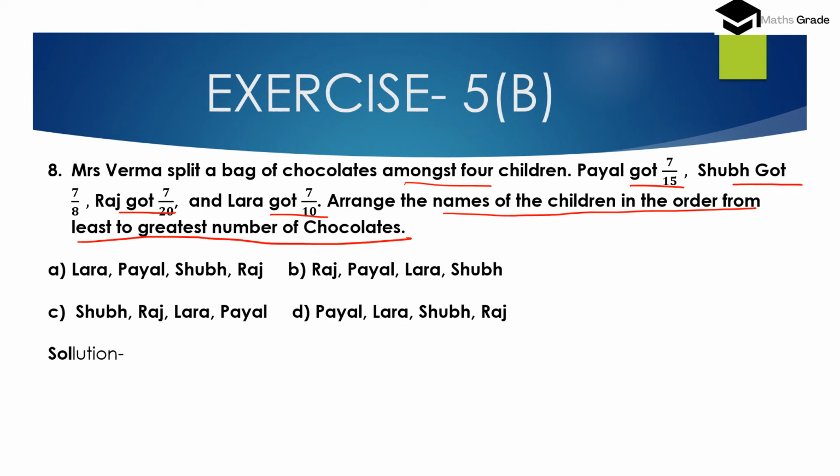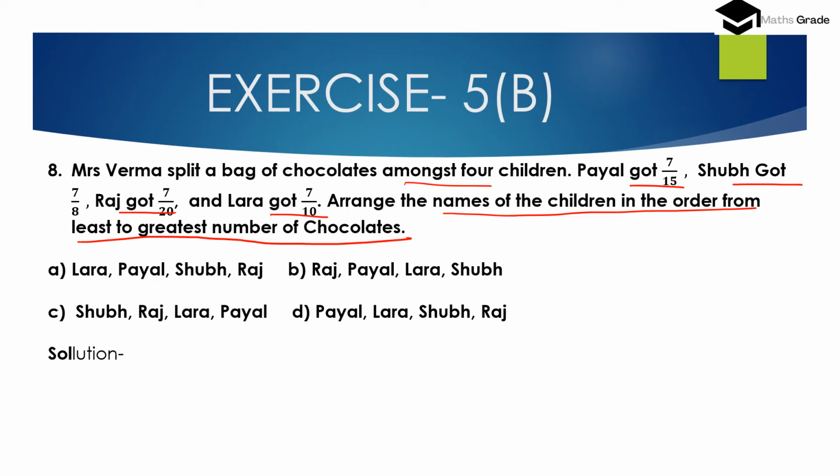So there are 4 children, and Payal got 7/15 of the chocolates from a bag of chocolates, Shubh got 7/8, Raj got 7/20, and Lara got 7/10. We have to arrange them from least to greatest, that is, in ascending order.